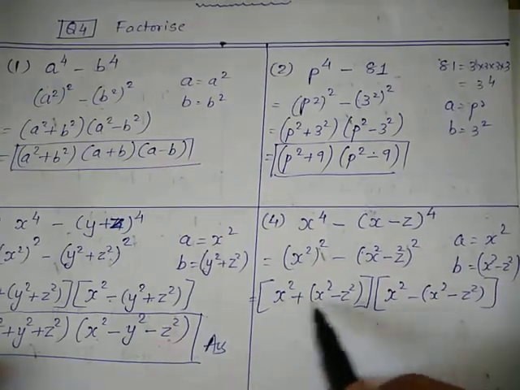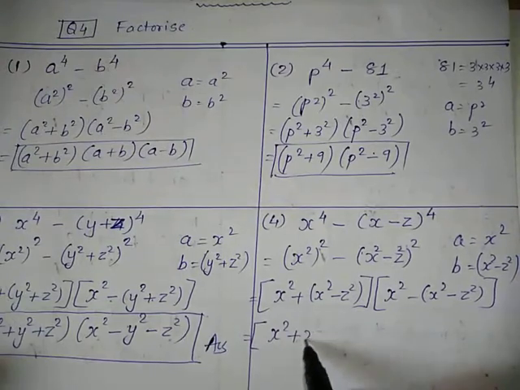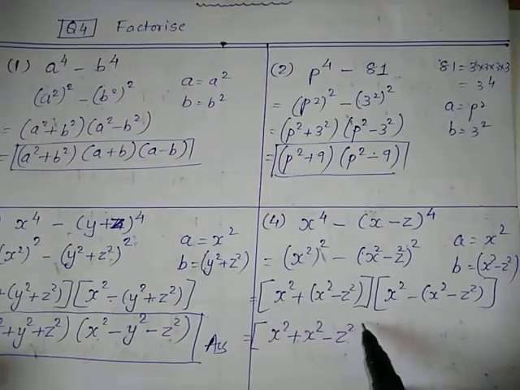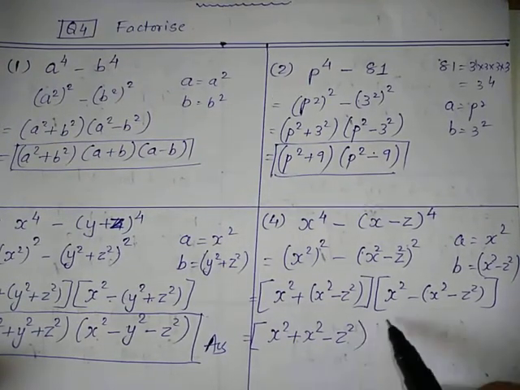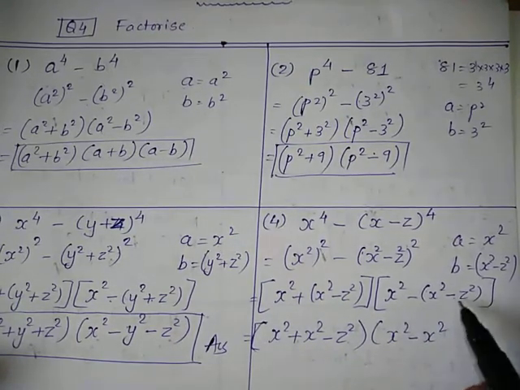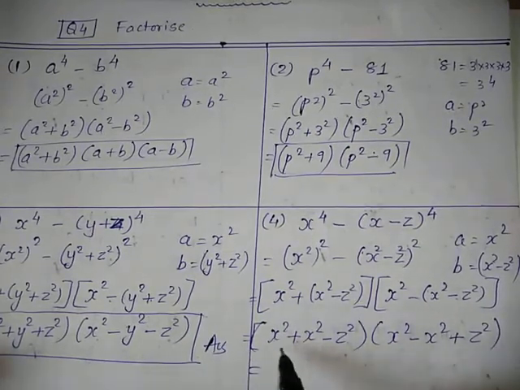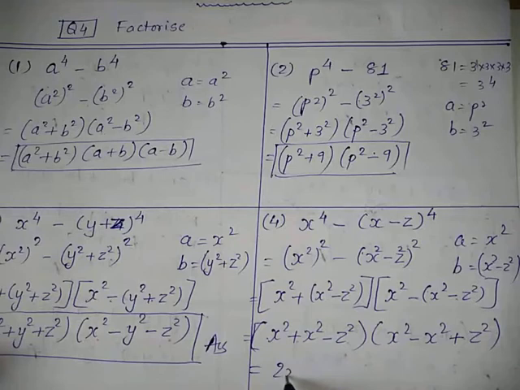Now resolving this bracket. So x square plus x square minus z square. Okay, and for this one x square minus x square minus minus plus z square. So we will just get an idea that 1 x square, the 2 x square minus z square.